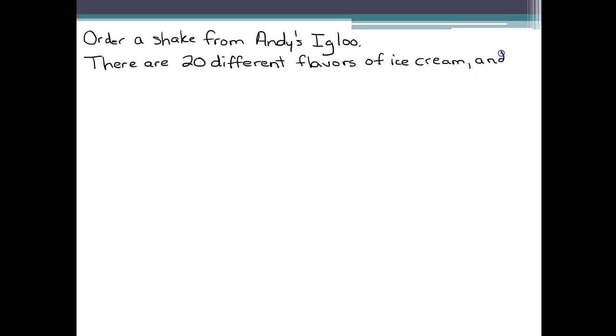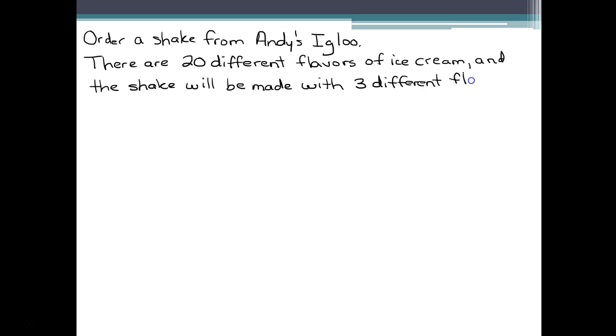And the shake will be made with three flavors. Three different flavors. I should say different.